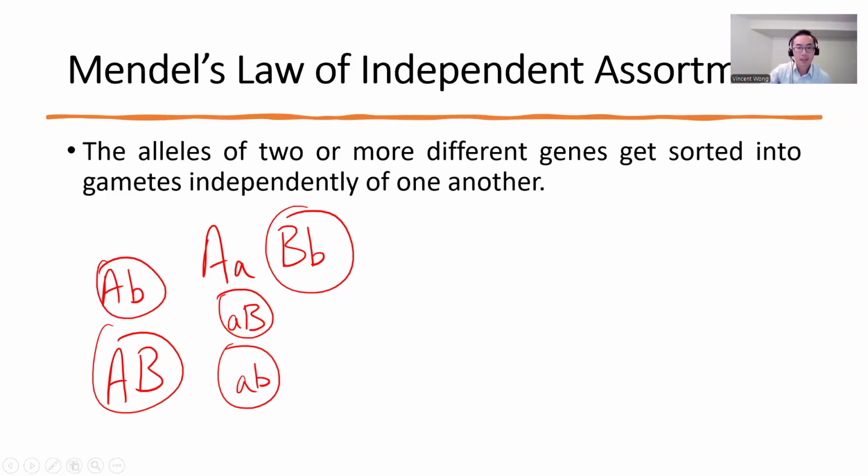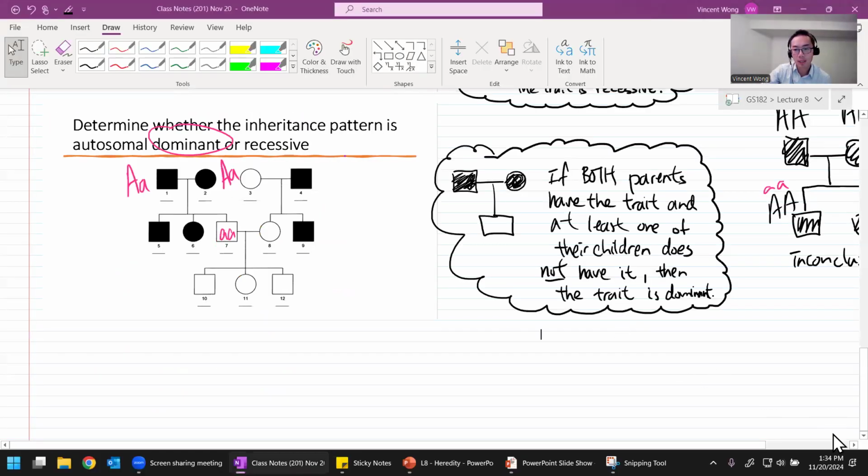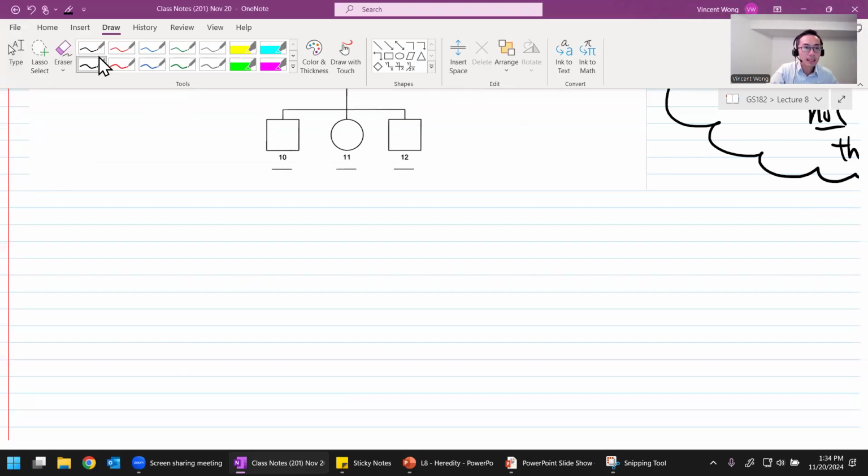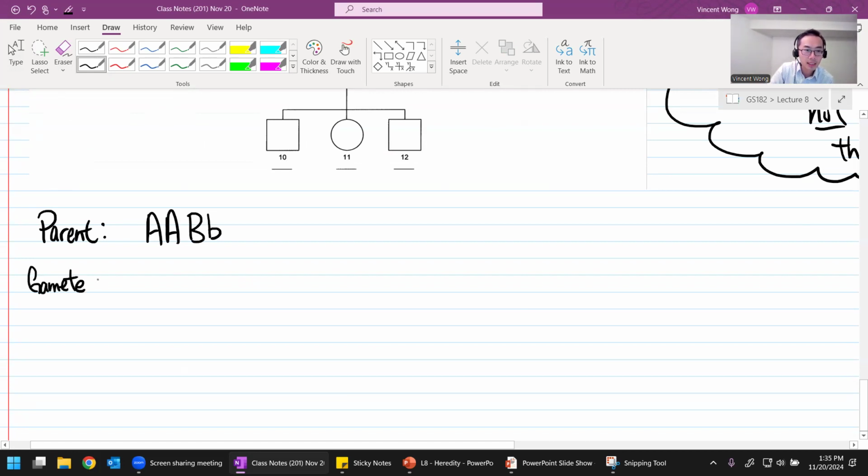Okay. So let's take a closer look here and practice a little bit first. Let's say we have the parent here, and let's say it is big A, and then big B, small b. Let's practice writing the kind of gametes that will be produced by the parent.